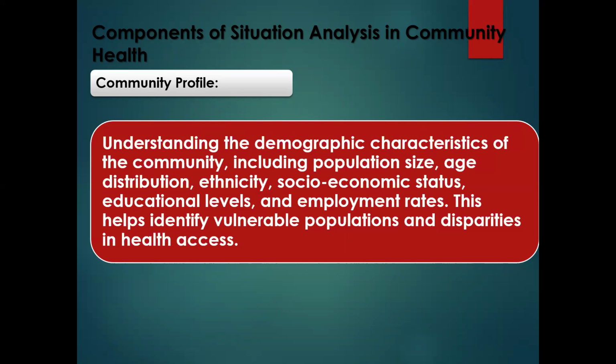We've looked at the definitions in general context. We've looked at holism in situation analysis. We've looked at the characteristics and all of that. Now, components of situation analysis: these are things that must be in a situation analysis. There must be a community profile.